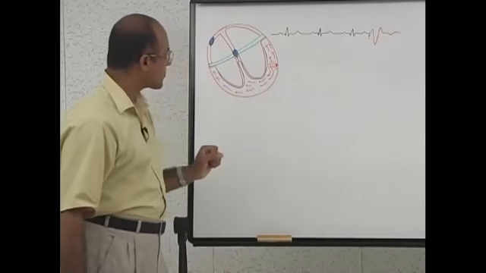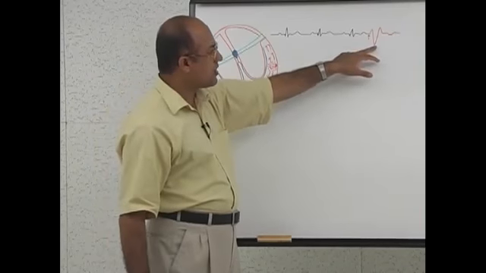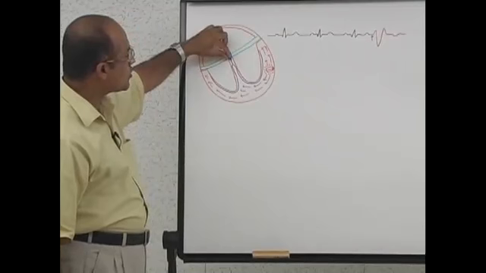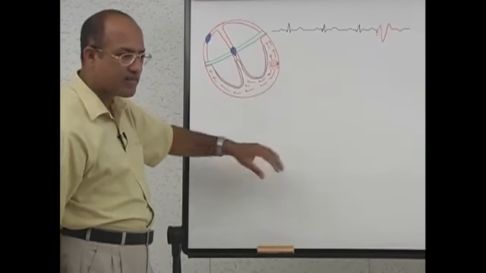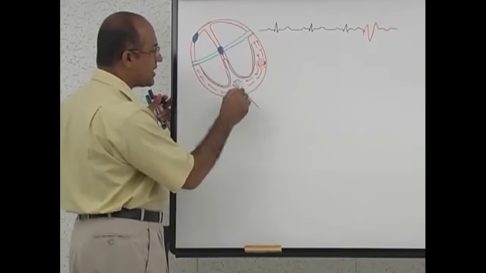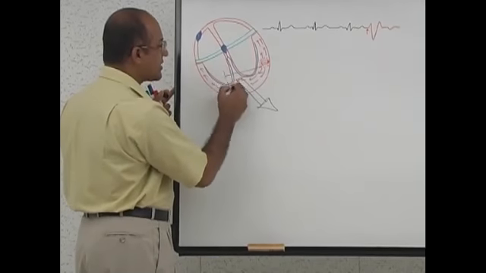Number two, it has abnormal morphology, the reason being that current is again not coming through the bundle of His and making a normal vector, right? For example, normally the vector of major ventricular depolarization is directed like this, but in this pathological condition, it may be directed like that.